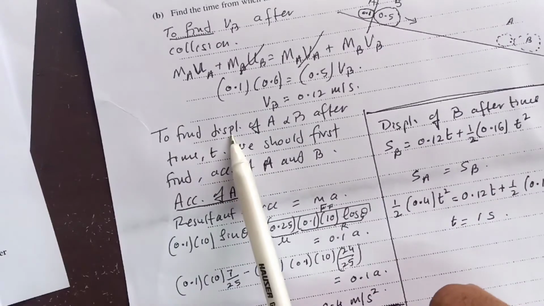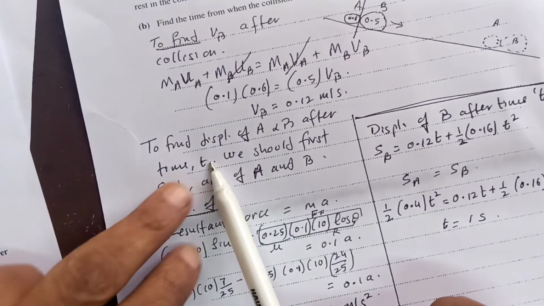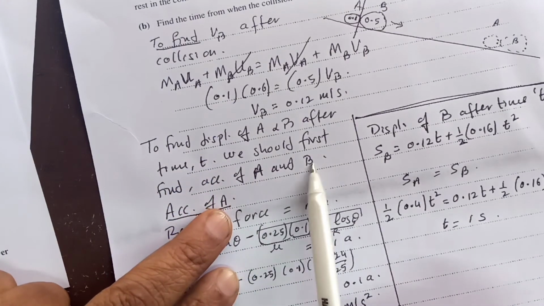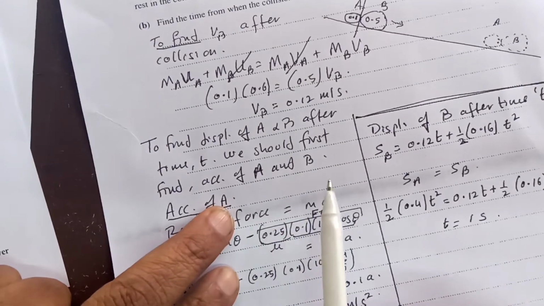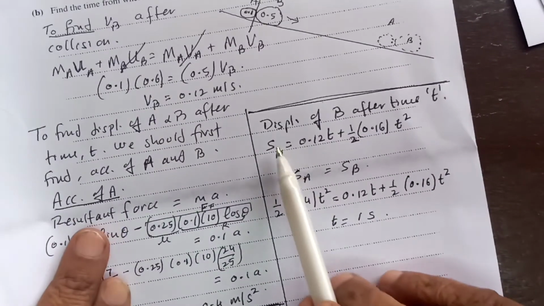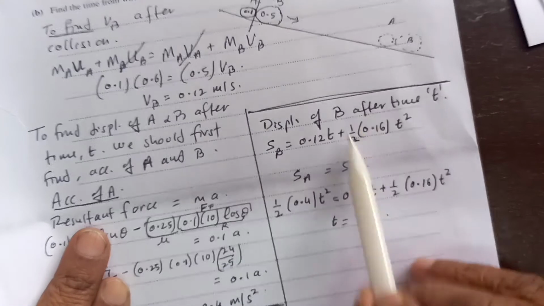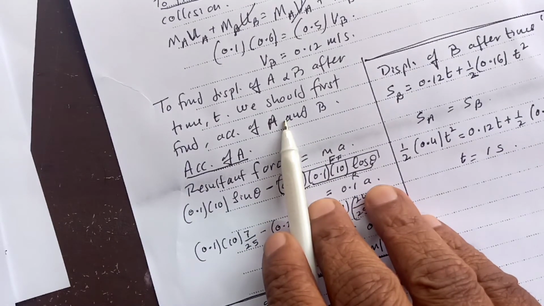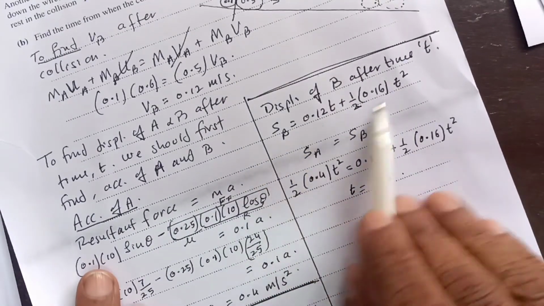Now to find displacement of A and B after time t, we should first find acceleration of A and B. If you want to find displacement, you have to use the formula s equals ut plus half at squared. Now you have to find acceleration of both, because only in this formula are we going to have t.